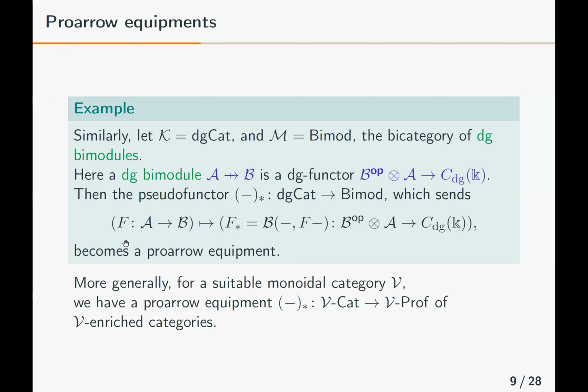Given a DG functor F, we also define F lower asterisk as B(-, F-). Again, this defines a pseudofunctor from DGCat to Bimod, and it forms a proarrow equipment on DGCat. More generally, for a suitable monoidal category V, we obtain a proarrow equipment of V-enriched categories in a similar way.